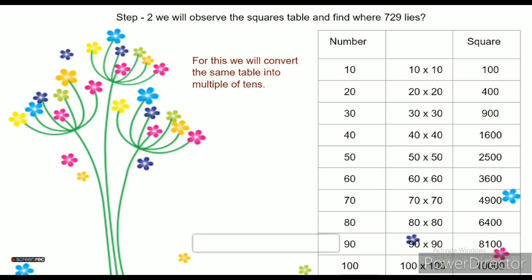For this, we converted the same table into multiples of tens. Here we have written the square of 10. 10 multiplied by 10 is equal to 100. 20 multiplied by 20 is equal to 400. 30 multiplied by 30 is equal to 900 and so on.